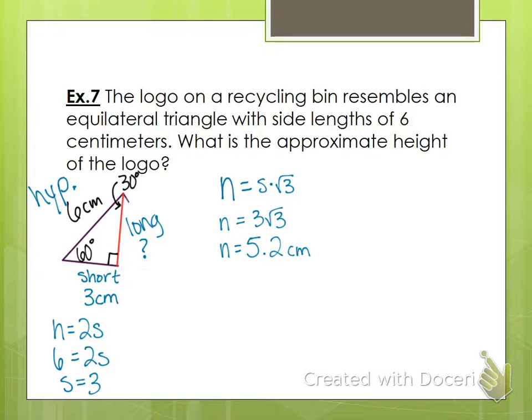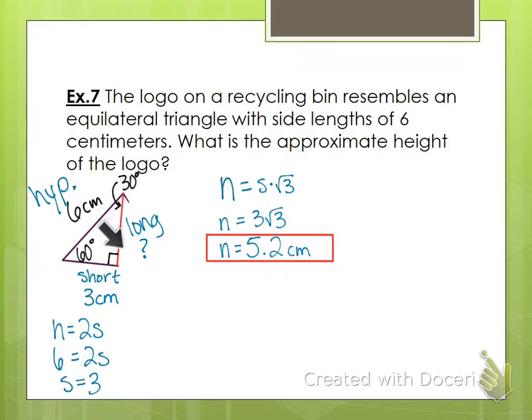Another thing that you should get in the habit of doing on these problems is thinking about the reasonableness of your answer. If I had gotten that the long side was 7 centimeters, how would I know right away that that's not reasonable? Okay, it would be longer than the hypotenuse.